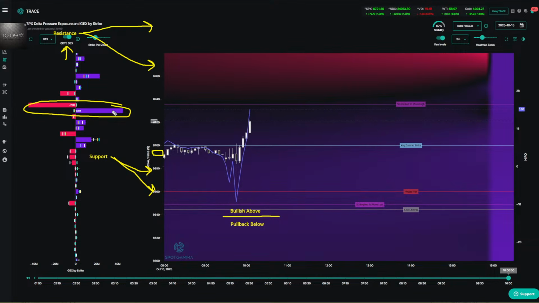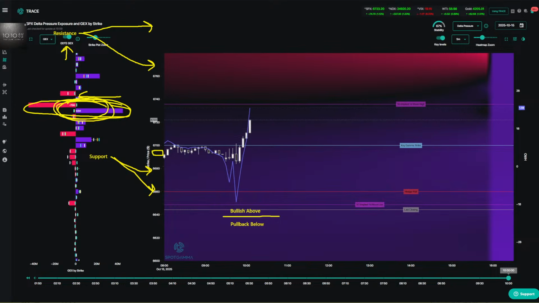Once we get there, traders who bought options at this strike price will then be in the money, or at the money. Once those options are at the money, those people will start to take profits on them. As those traders start to take profits, the market makers that sold them those options are buying them back, which will reduce the gamma at that level.